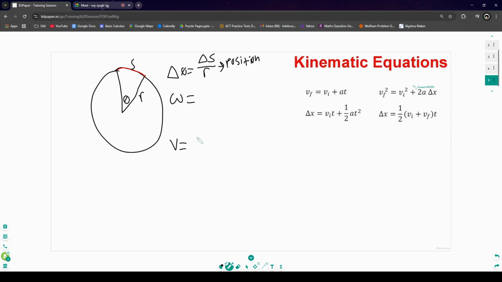It's basically like the speed. So it's distance over time. Then we usually write this as delta x over delta t, where x is the position.